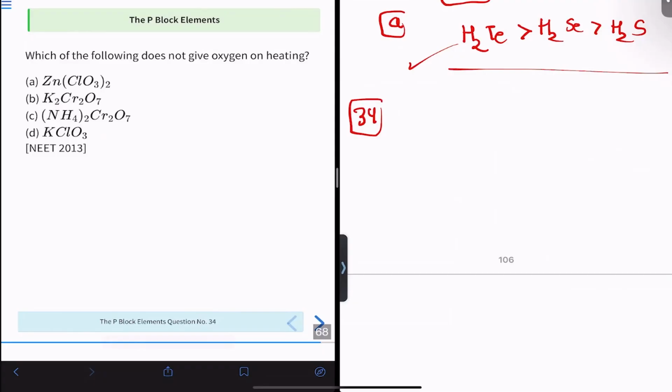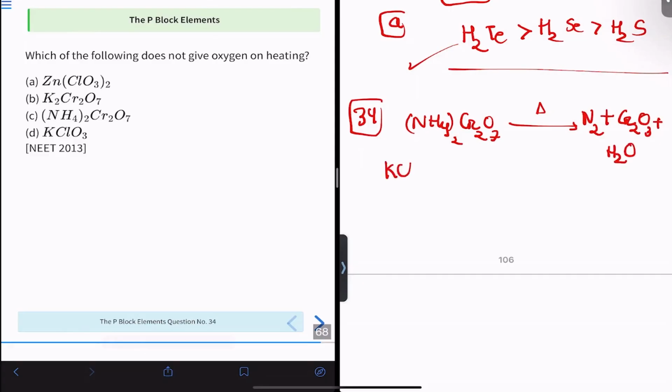So now I will heat all the compounds given below, starting with NH4 Cr2O7. Does it give oxygen on heating? If we heat it, it will give nitrogen plus Cr2O3 plus H2O. Then KClO3, when you heat, it will give KCl plus oxygen.